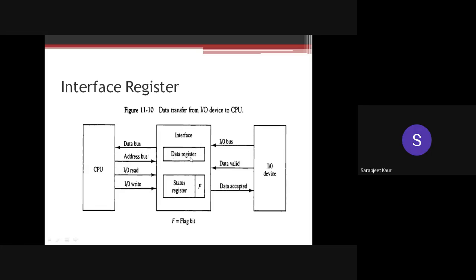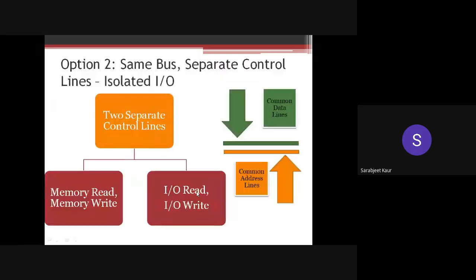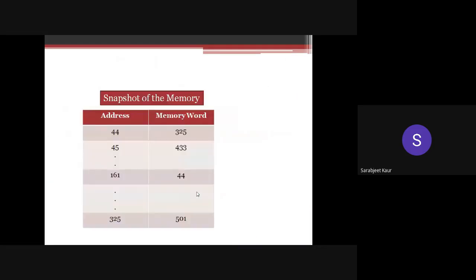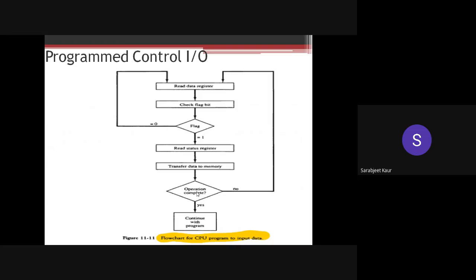And now, while the data register gets emptied, that means while the data is passed on to the IO device, again the processor has to keep checking the flag bit. This is what is represented in this flow chart. This is what the processor does. It reads the data register for the data and checks the flag bit.